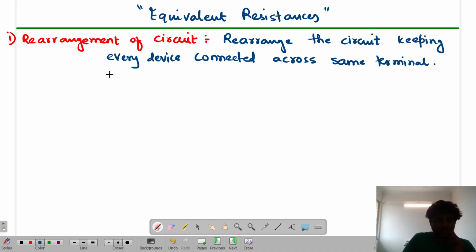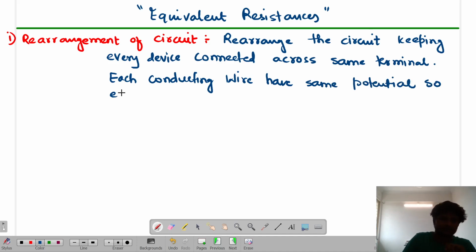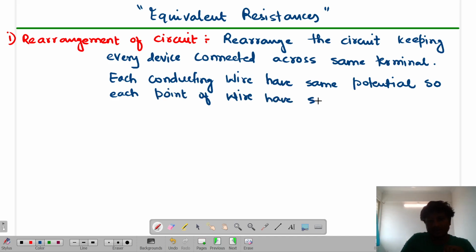Because the point is each conducting wire has the same potential, each point of wire has the same terminal.